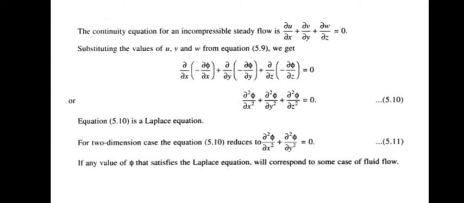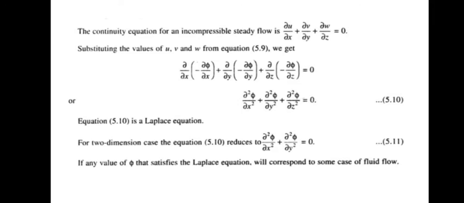After removing these brackets we have the equation ∂²phi/∂x² plus ∂²phi/∂y² plus ∂²phi/∂z² is equal to 0. Okay, so this is the Laplace equation. So for the two dimension case this equation will be represented as ∂²phi/∂x² plus ∂²phi/∂y² is equal to 0.